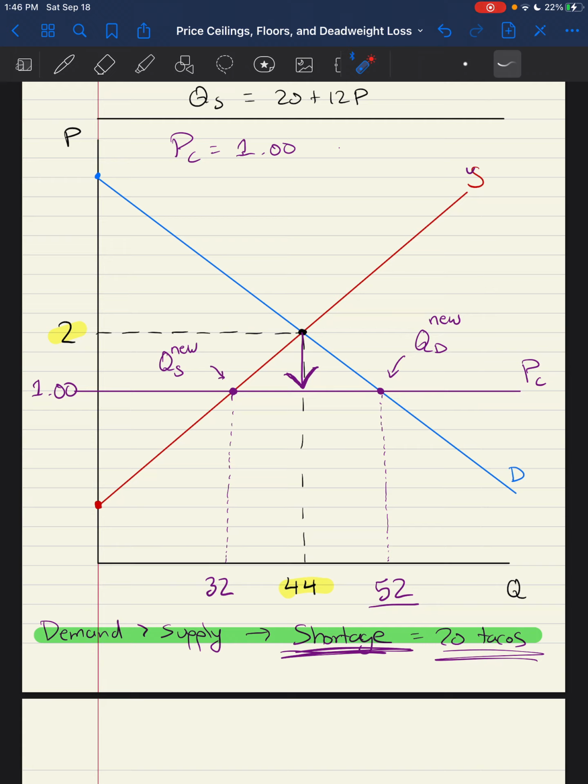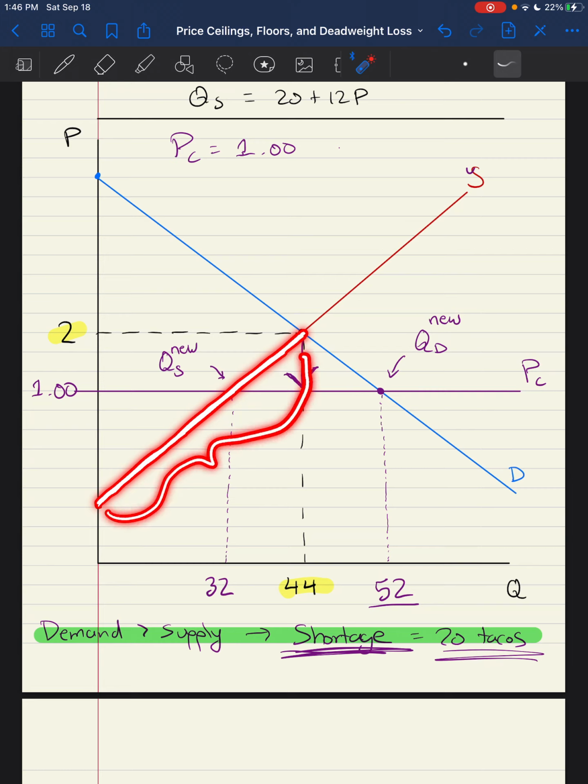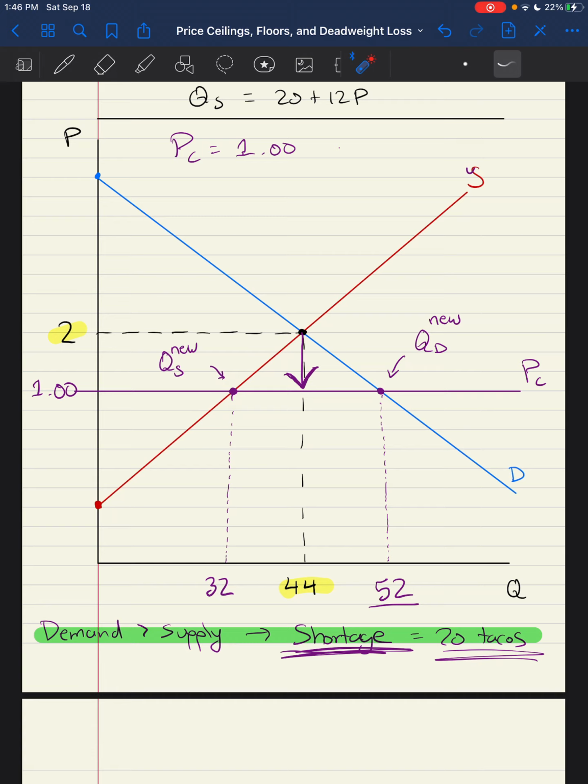Well, let's think about it. Before, when we were in equilibrium, all of these producers were selling tacos. All of these producers that I've highlighted in this temporary red laser, they were all supplying tacos in our competitive equilibrium. Because of this price ceiling, now only these suppliers remain.